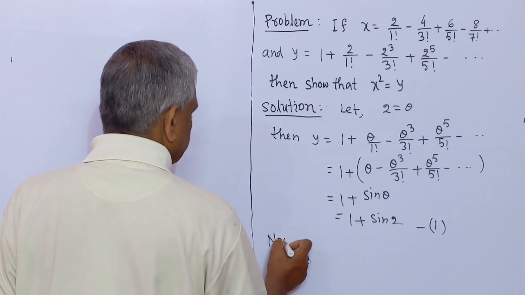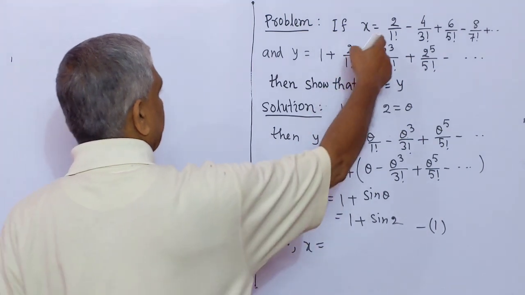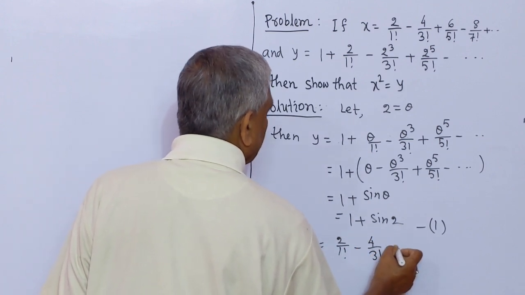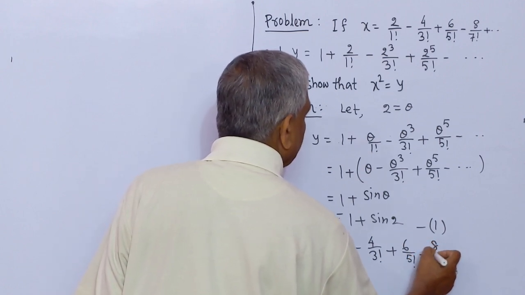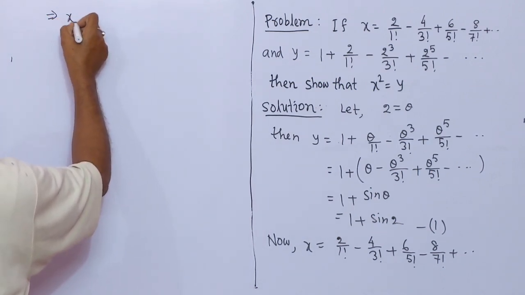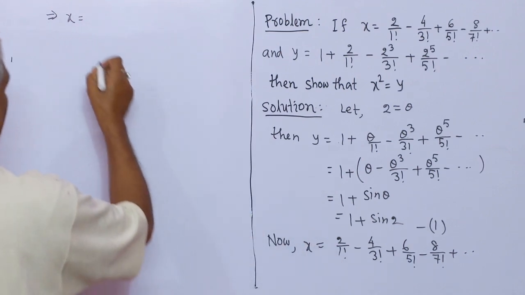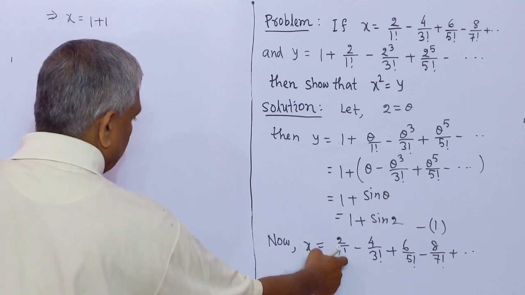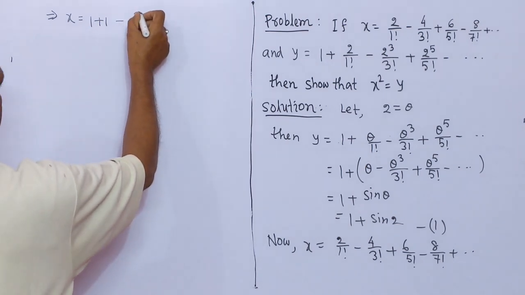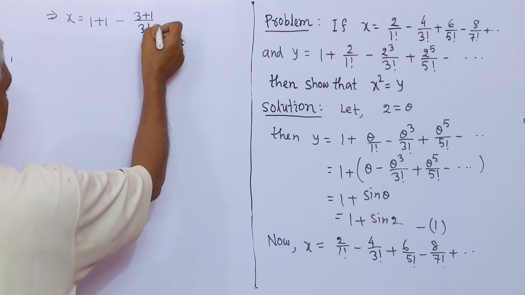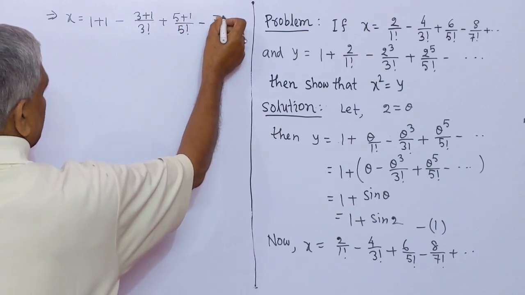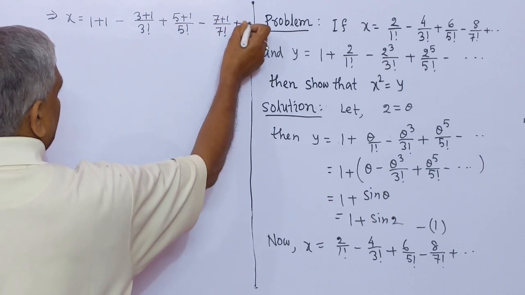Now, given that x equals 2 by factorial 1 minus 4 by factorial 3 plus 6 by factorial 5 minus 8 by factorial 7 plus dot dot dot, it implies that x equals, here we write 1 plus 1, since 2 by factorial 1 is 2, that is 1 plus 1, minus 4 means 3 plus 1 by factorial 3, 6 means 5 plus 1 by factorial 5, 8 means 7 plus 1 by factorial 7, and plus dot dot dot.